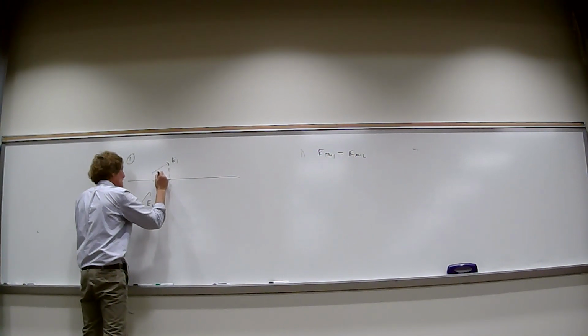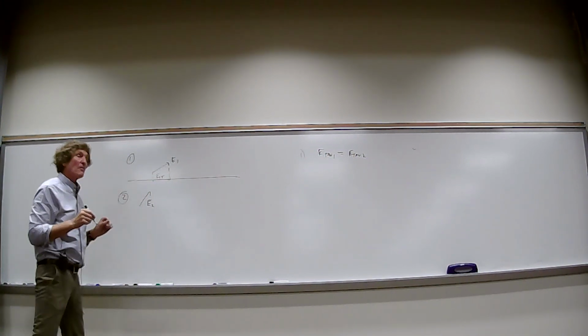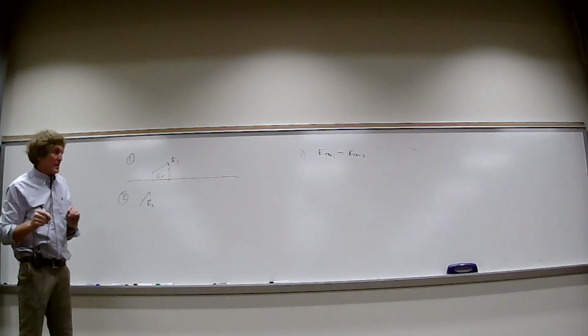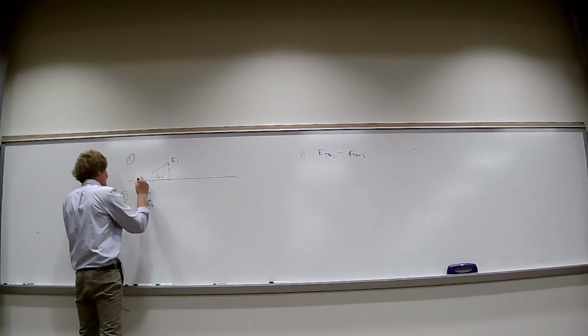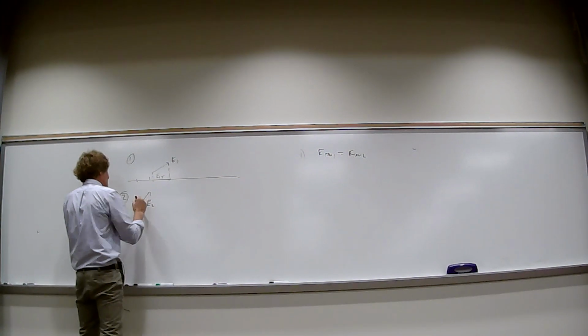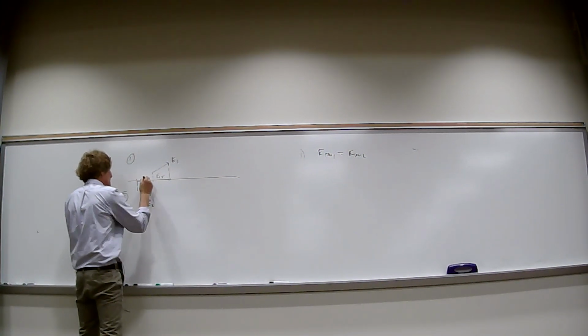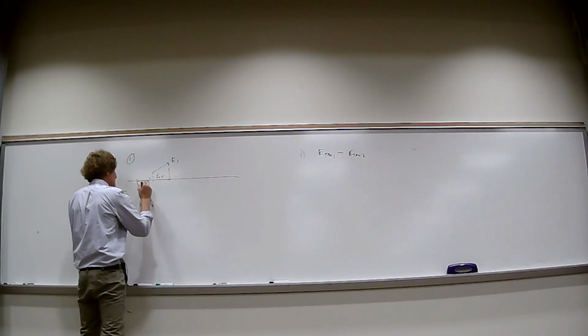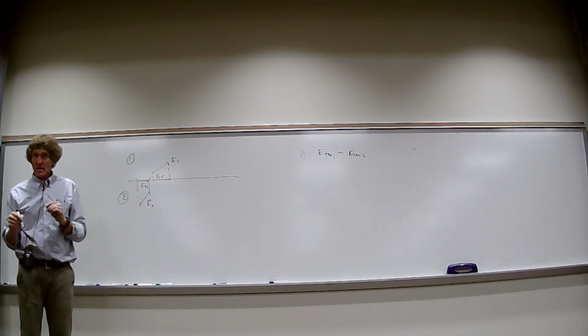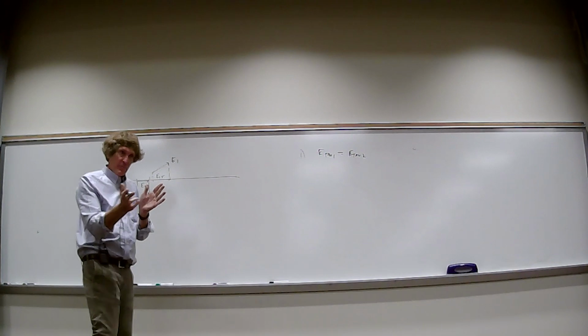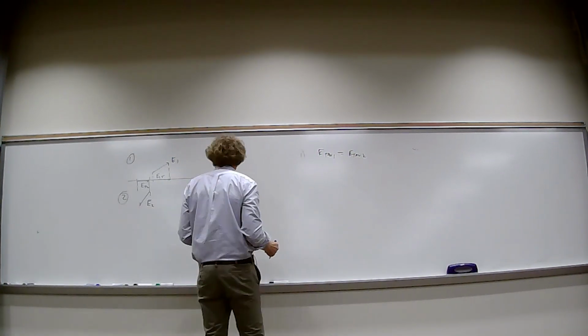It would be E1 tangent. Can you all follow me on that? The tangent field in region 2 would be this value. It would just be the projection of this in this direction. Y'all with me, class? That's how you would get it. Just think about the projection on the plane.